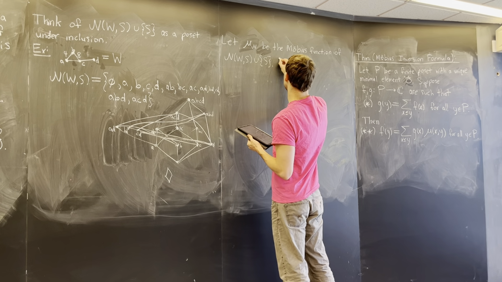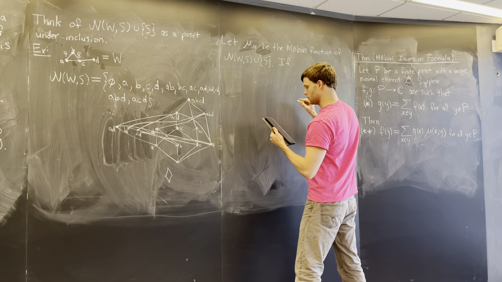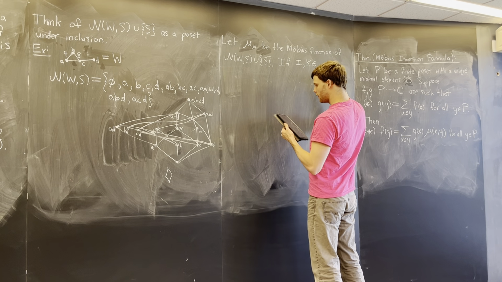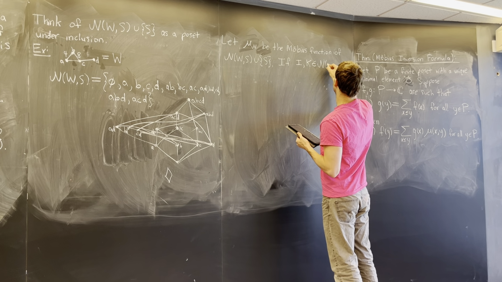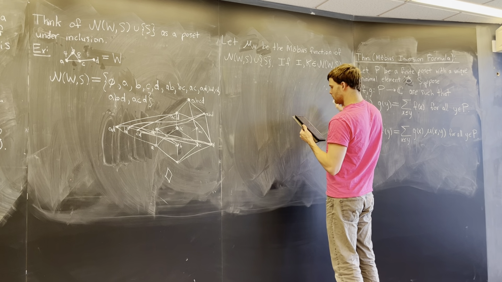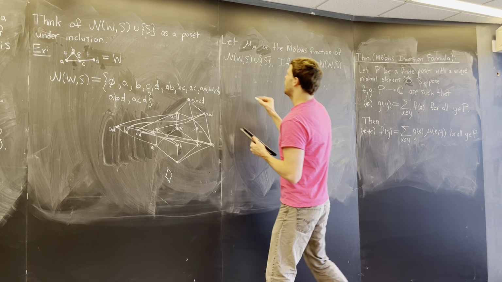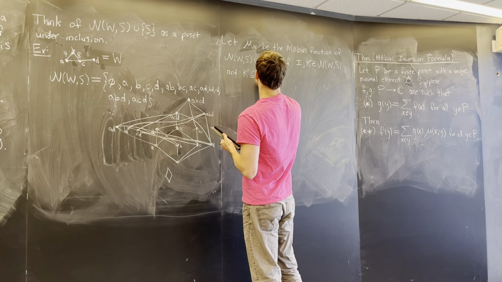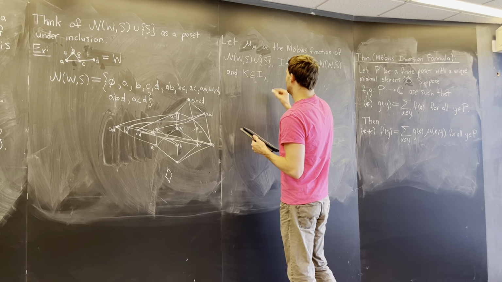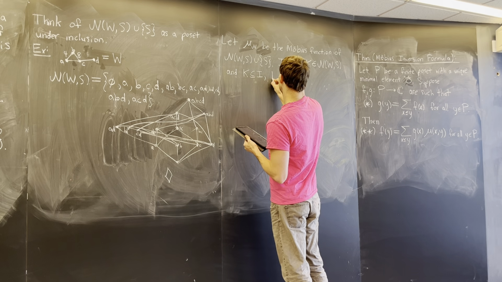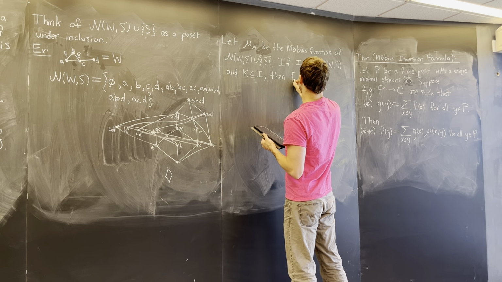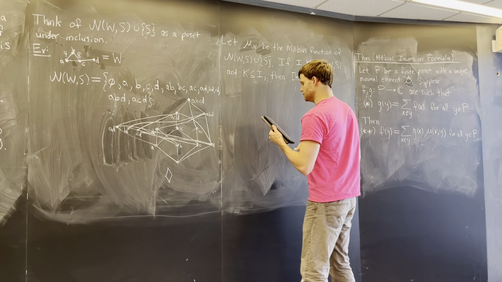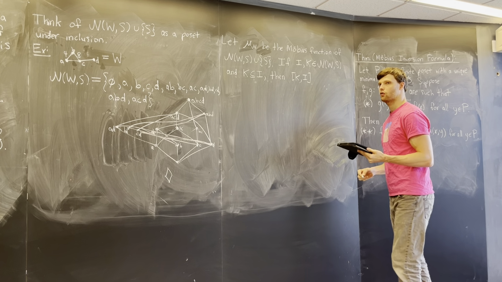Okay, so if I and K are in the nerve, and K is a subset of I, then if I look at the interval from K to I, this is just going to be isomorphic to a Boolean lattice.